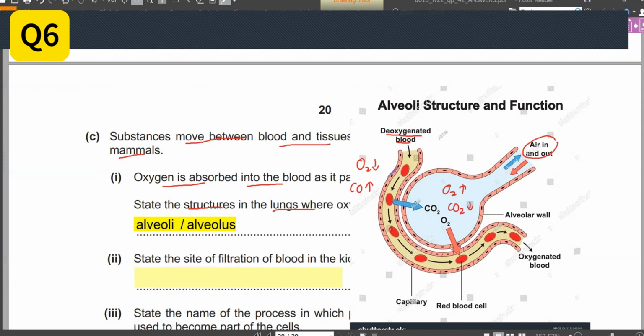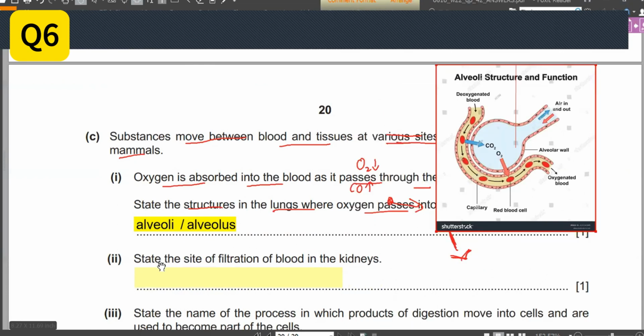So we set up a concentration gradient, which means carbon dioxide will diffuse into here, and oxygen will diffuse into the blood. This is how we replenish the oxygen supply in our lungs and in the blood, and then we send it to the heart to supply to the rest of the body.